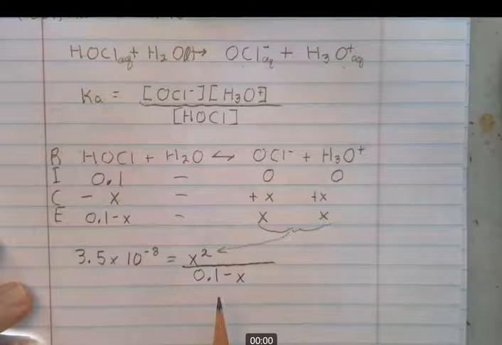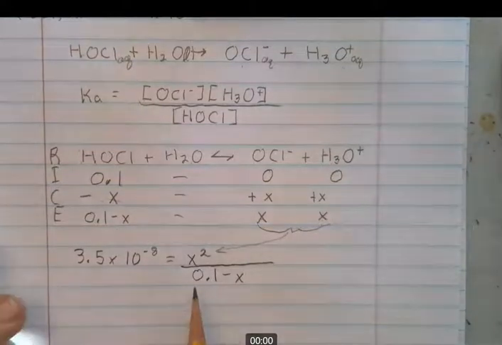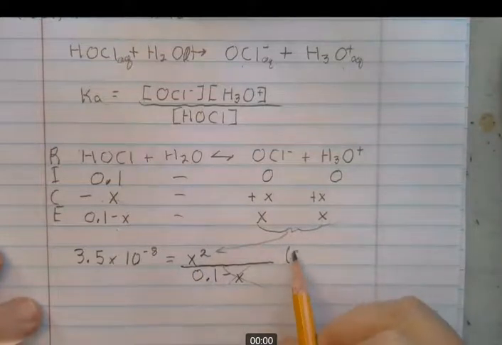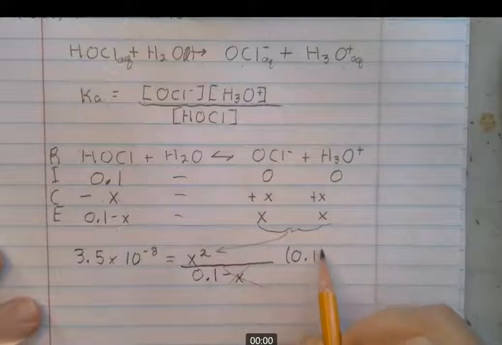All right, so if we assume that x is very, very small, then basically, small compared to what? Small compared to our initial concentration, 0.1, we can just take it away, knock it out. So now we have this equals x squared over 0.1. Now it just becomes an algebra problem. I'm going to multiply both sides by 0.1.